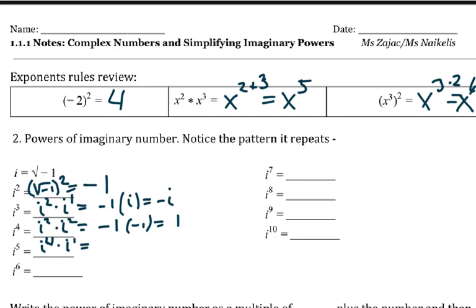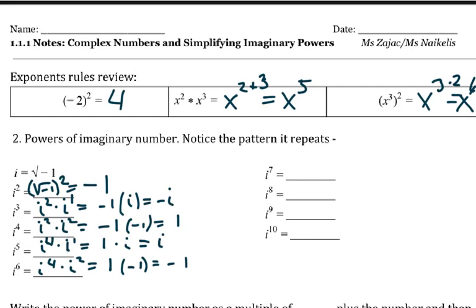I know I to the fourth is 1 and I to the first is I, so the answer is I. I to the sixth I can rewrite as I to the fourth times I squared, which means I have 1 and I squared is negative 1. So the answer is going to be negative 1. It's the same answer as I to the second, if you noticed.